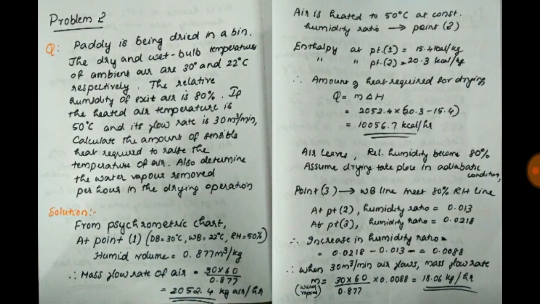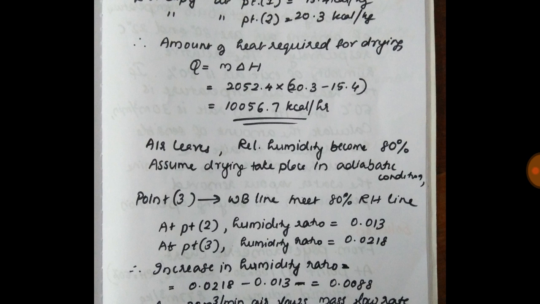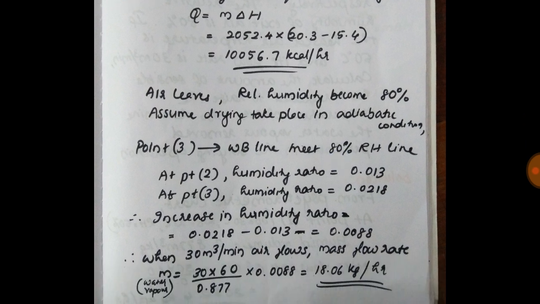At this point we have to measure the humidity ratio at point 2 and point 3. So we'll get 0.013 and 0.0218 at the two points. So the increase in humidity ratio will be 0.0088, and therefore when 30 meter cube per minute of air flows, the mass flow rate will be equal to 18.06 kg per hour of water vapor.